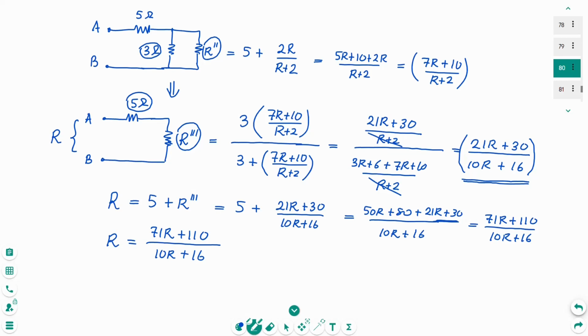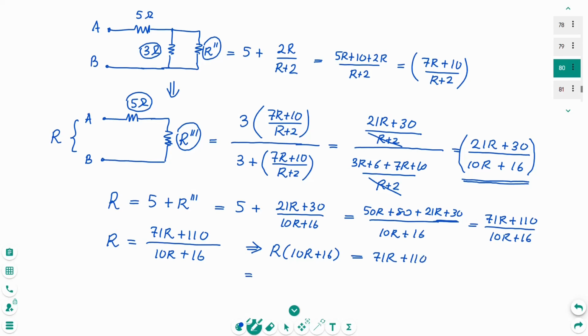And now we can solve for R, which would be, if we cross multiply, R on the left hand side with the denominator on the right hand side, we would obtain R times 10R plus 16, and on the right hand side 71R plus 110.